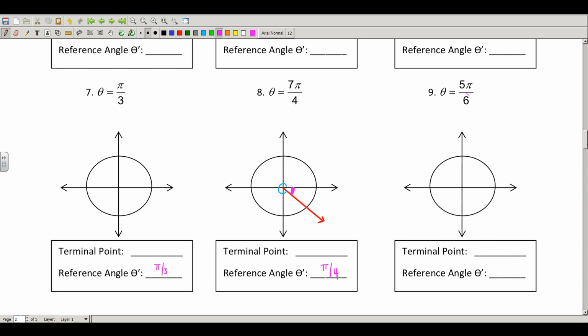Over here, since we have 5 pi over 6, which is over here, the reference angle is just going to be 1 pi over 6. Reference angle here is 1 pi over 6. This is 1 pi over 4. This is 1 pi over 3. So the denominator, whether it be a third, a fourth, or a sixth, quite simply just tells you what type of reference angle you might have there.